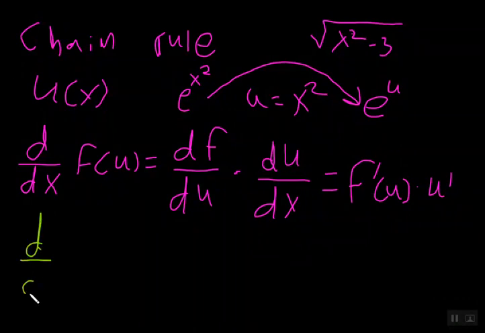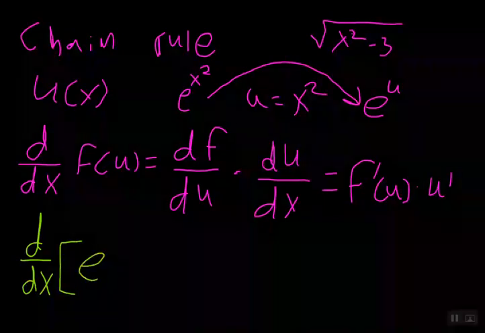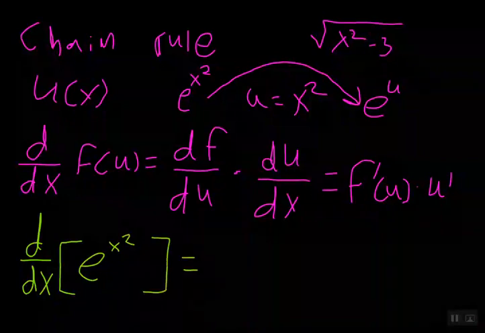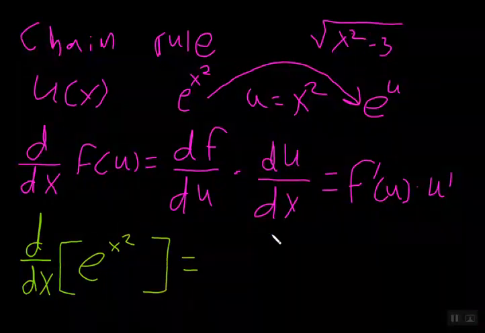So I've got the derivative with respect to x, d by dx of, well, let's do what we had before, e to the x squared. Well, if I let u equal x squared, this becomes e to the u, and the derivative of e to the u with respect to u is just e to the u, right?